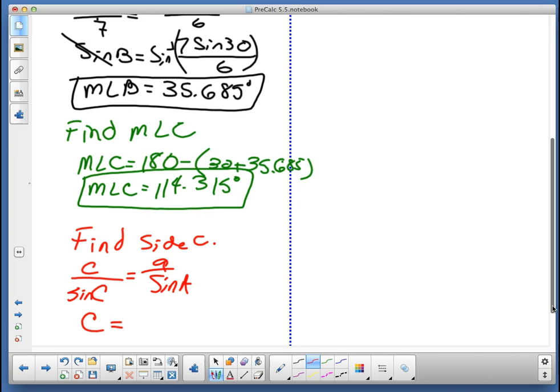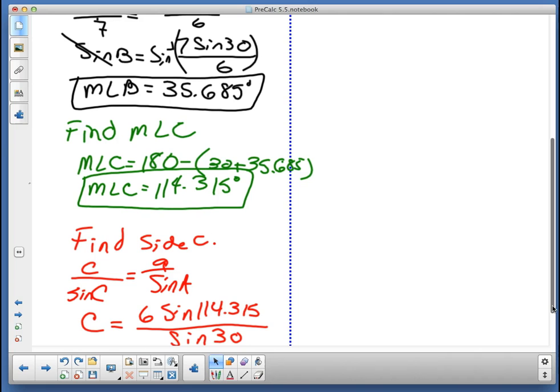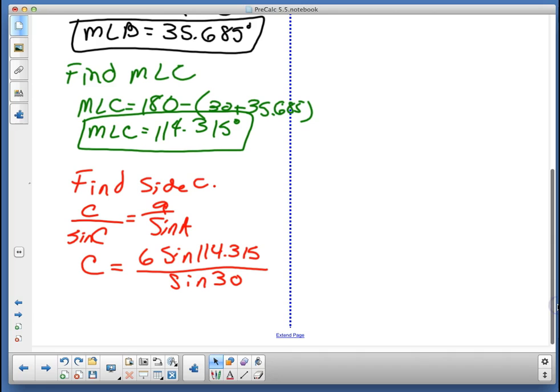So my C was 114.315, so I'm going to have a, which is 6, and I'm going to put in my sine of 114.315, that's my sine of C. I multiplied by sine of C on both sides, all over sine of 30, because that's my A angle value. Once I do that, pop it in my calculator, and C will come out as 10.935.